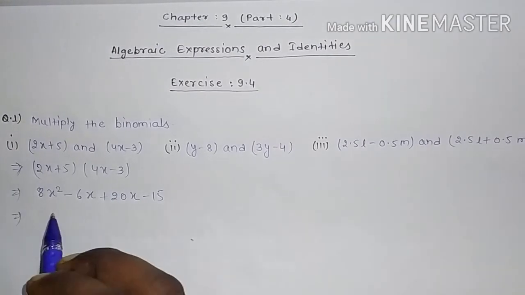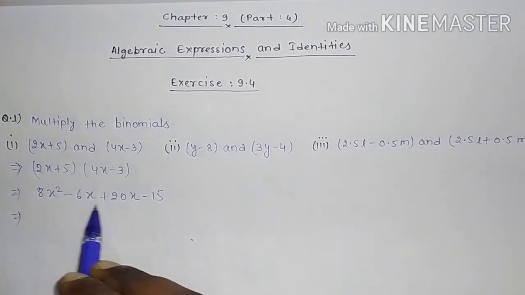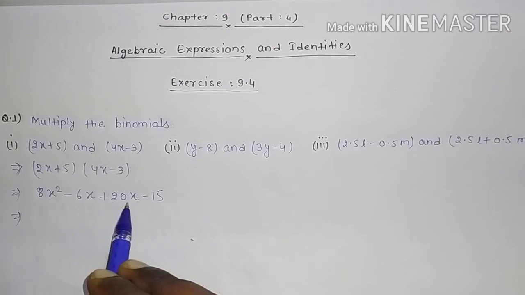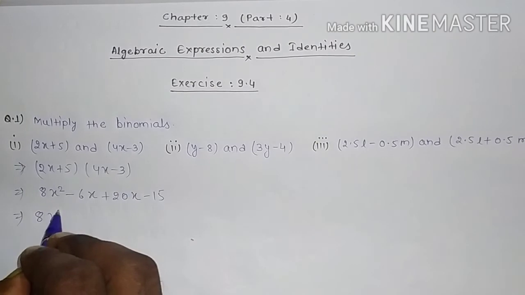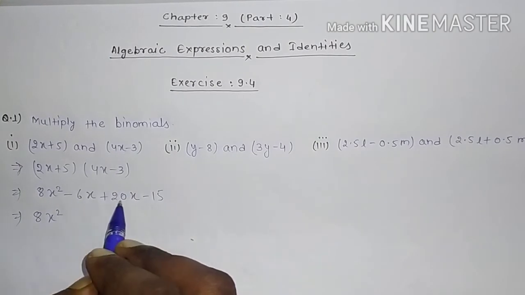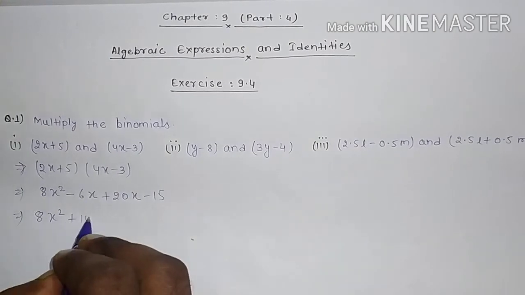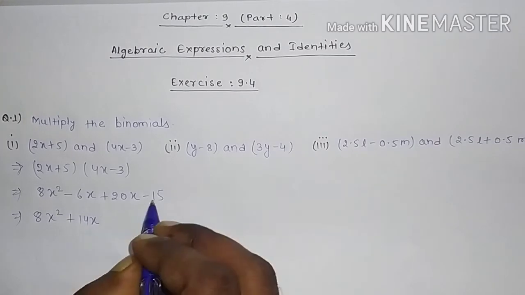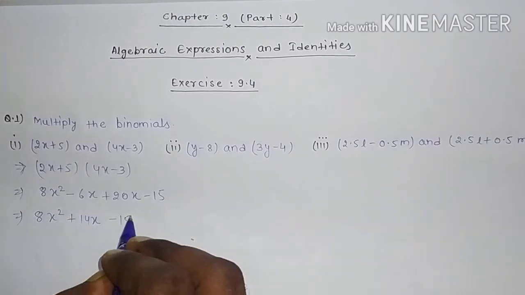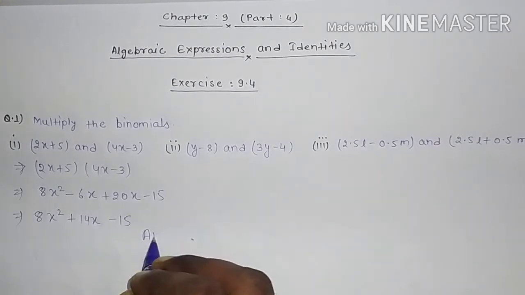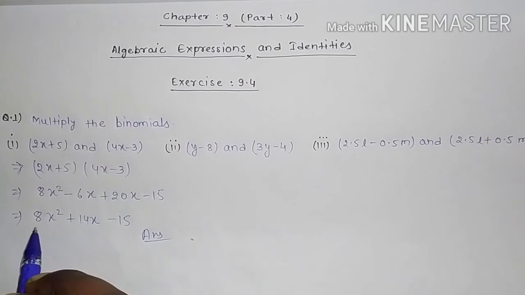Now minus 6x and 20x are like terms, so calculate them: 8x square plus 14x minus 15. There are no more like terms, so this is the answer.